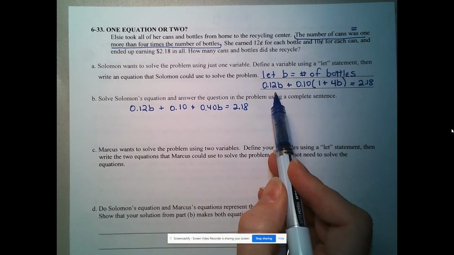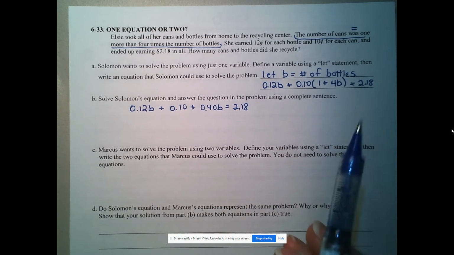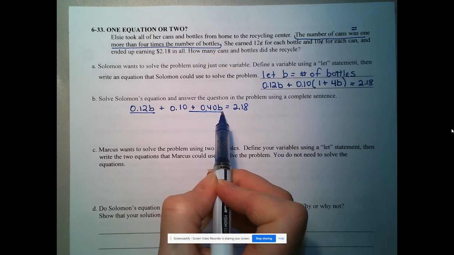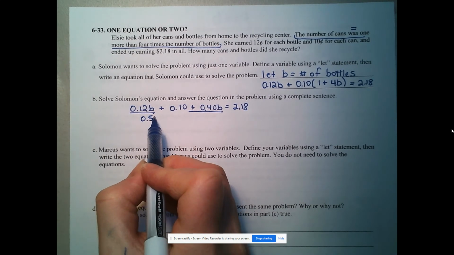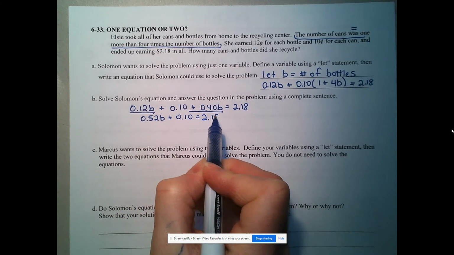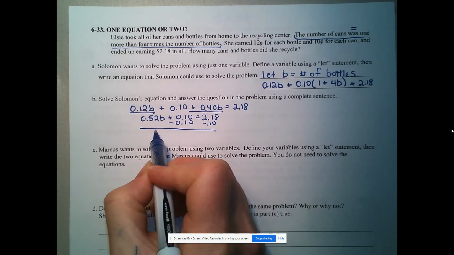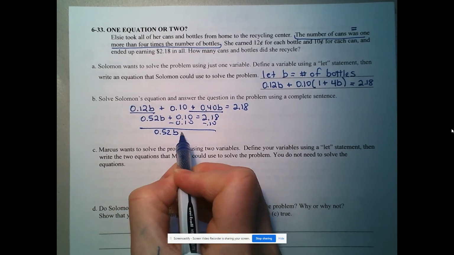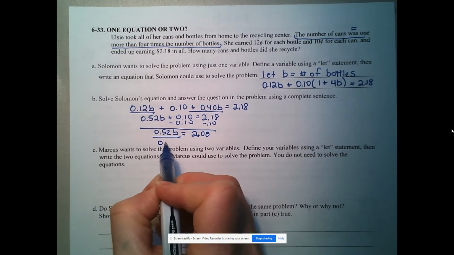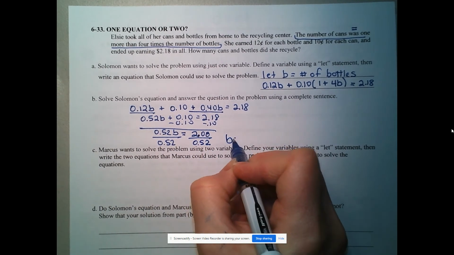You could have subtracted the 0.12B first and brought it over to the other side, but that doesn't actually make it any better, because here I can combine them on the same side and get 0.52B plus 10 cents equals $2.18. If I take away the 10 cents from both sides, 0.52B equals $2.08, and divide by the 0.52 and I get B equals 4.